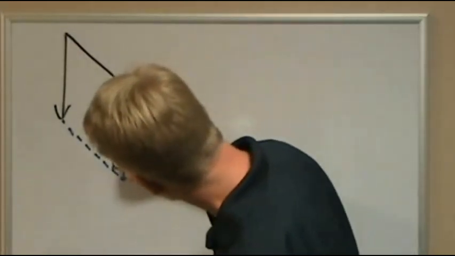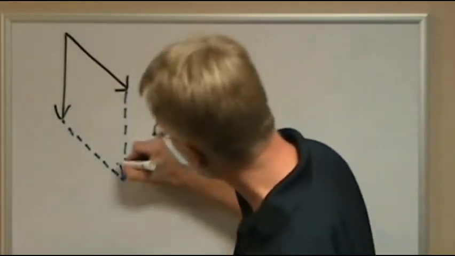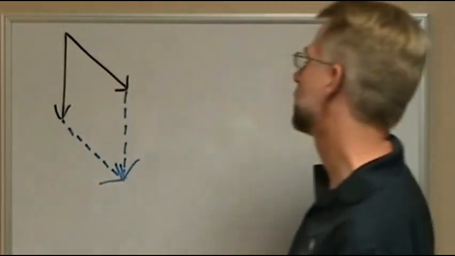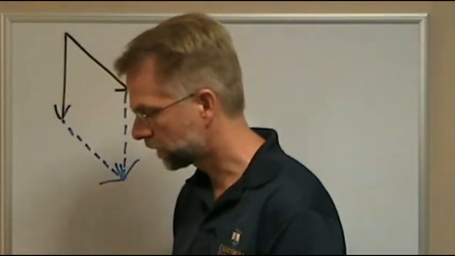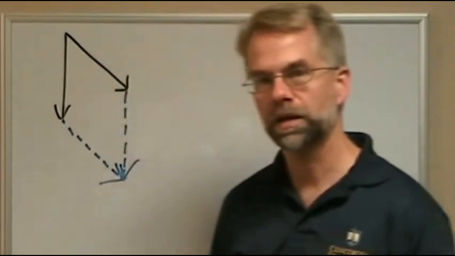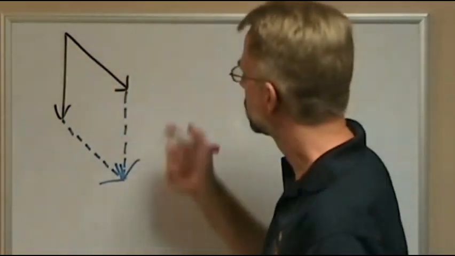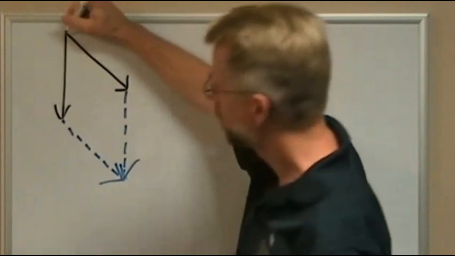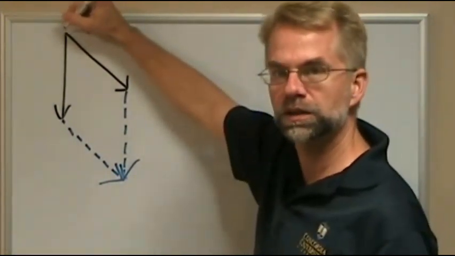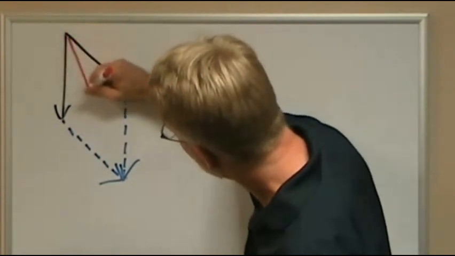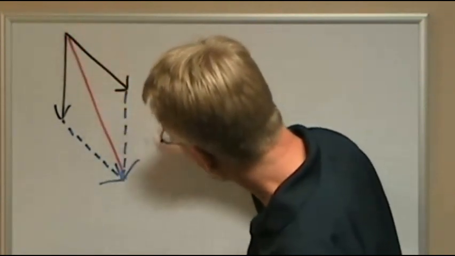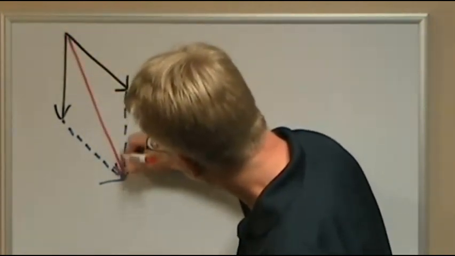And then if you want, you can draw your arrows on the ends of these to indicate that that's where they're going. The resultant vector then, using the parallelogram method, starts here where the base of the two vectors started and goes all the way down to the other corner of the parallelogram.